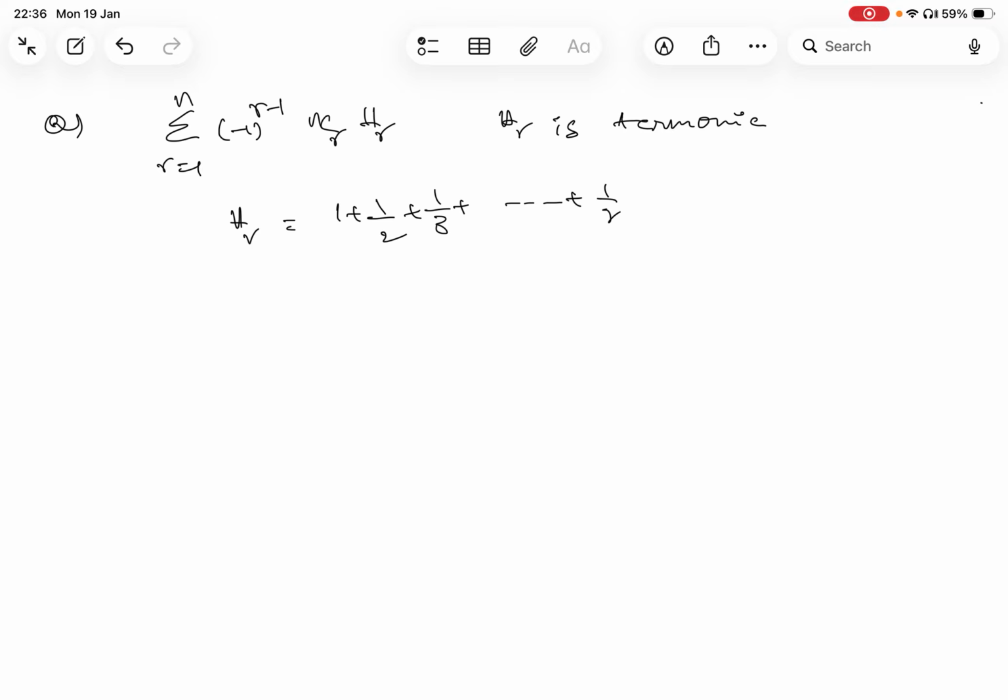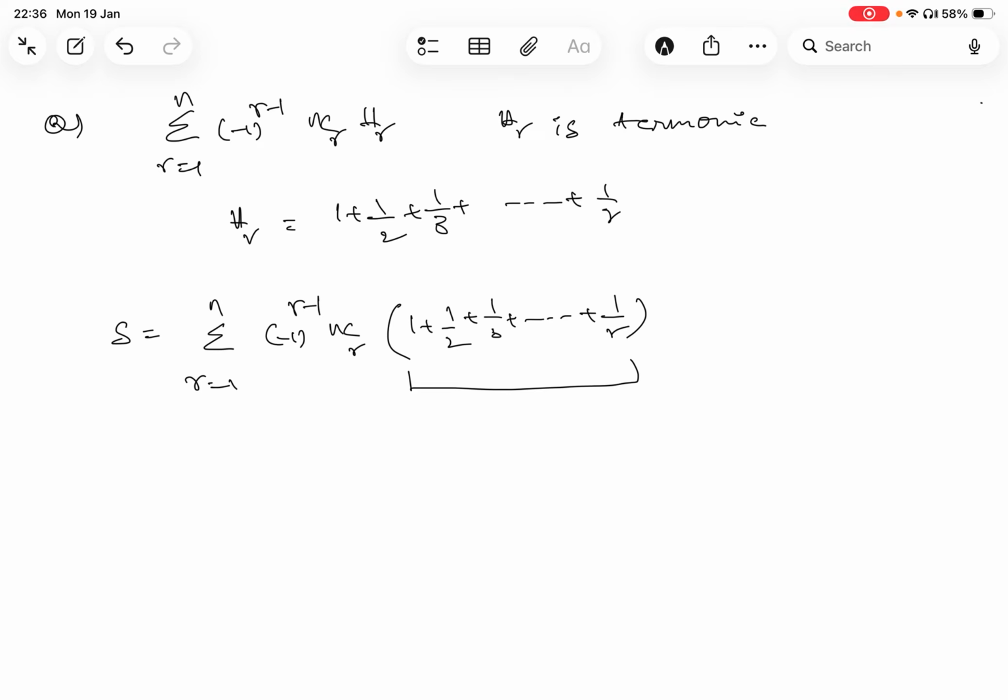Now let the given summation be S. Then this becomes summation r equal to 1 to n of (minus 1) whole power r minus 1 nCr into Hr, which is 1 plus 1 by 2 plus 1 by 3 plus and so on plus 1 by r. Now let's write this harmonic series in terms of integrations, which will be easier to solve.